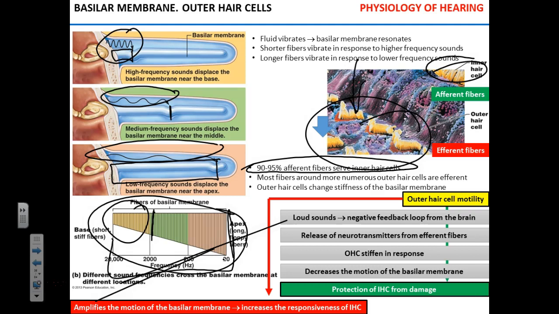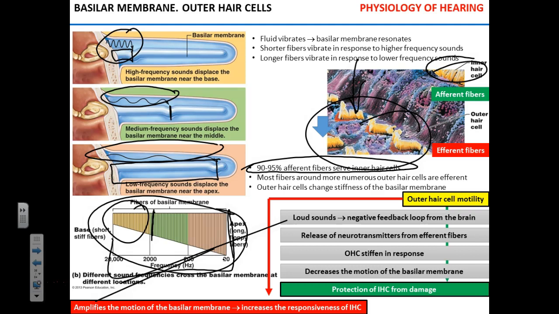Outer hair cells actually have a very interesting function. Think about this. If you hear a very loud sound, what can you tell about the sound wave amplitude? It is high.